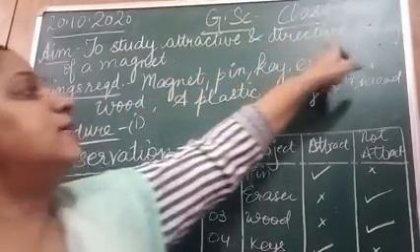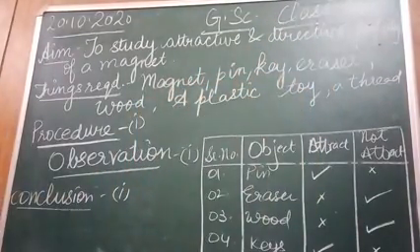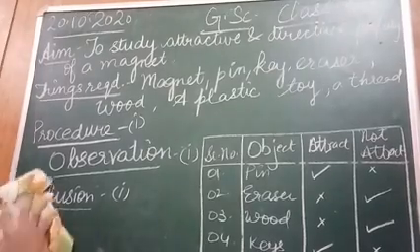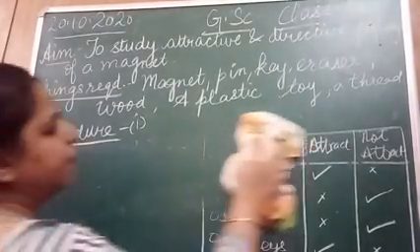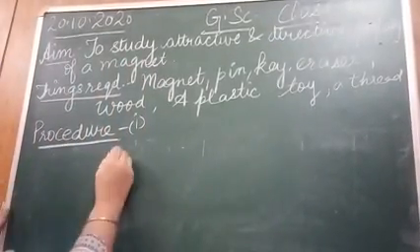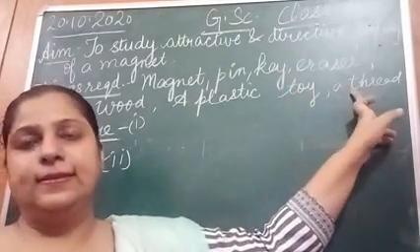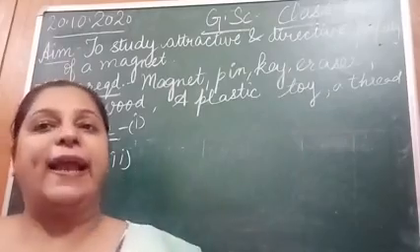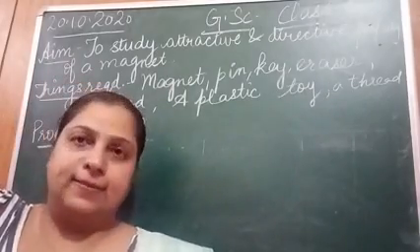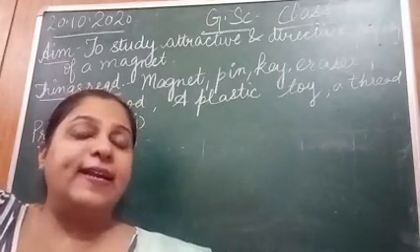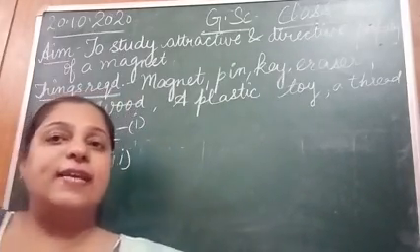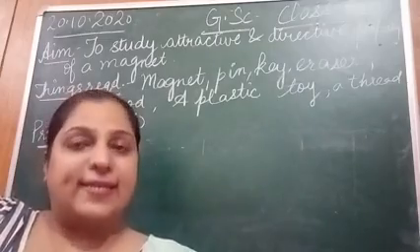Now what about the second property, that is directive? What you have to do? After writing the first observation, first procedure, second you have to take a thread, tie it with a piece of magnet and suspend it. Right? Now rotate the thread. After some time, let the magnet rest.